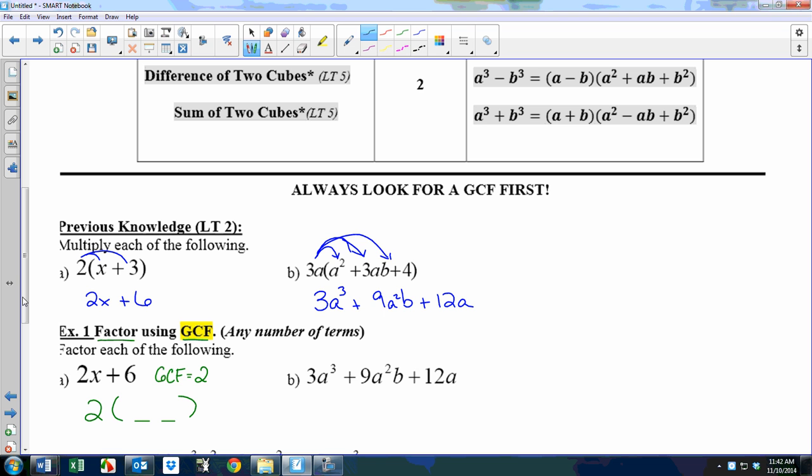And when you take a 2 out of a 2x, it's kind of like thinking about what would you multiply 2 by to make the 2x? You need an x right there. What would you need in this second blank to keep it 6? It'd be 2 times what? 2 times positive 3.